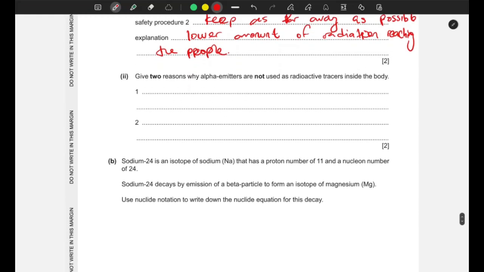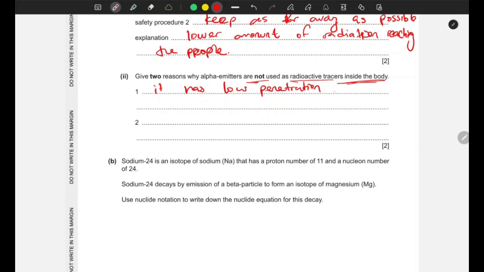Part 2. Give two reasons why alpha emitters are not used as radioactive tracers inside the body. So, what's usually used for looking inside the body? It's usually gamma rays and X-rays. So one of the reasons alpha radiation is not used is that it has low penetration.